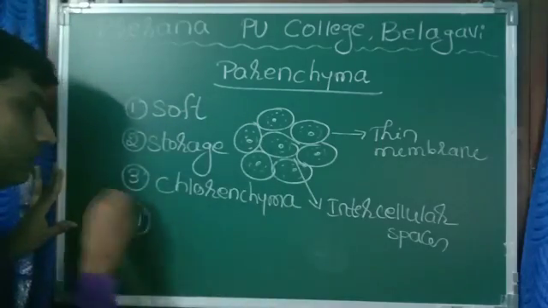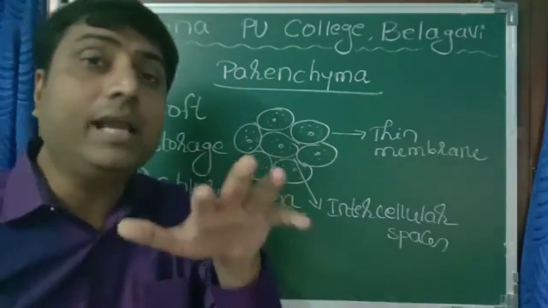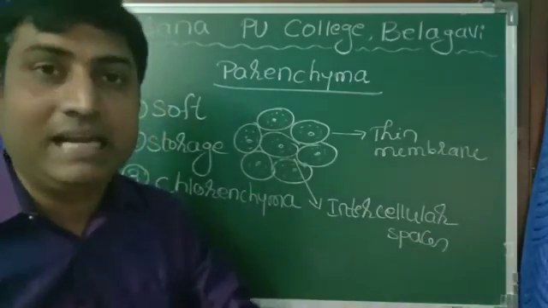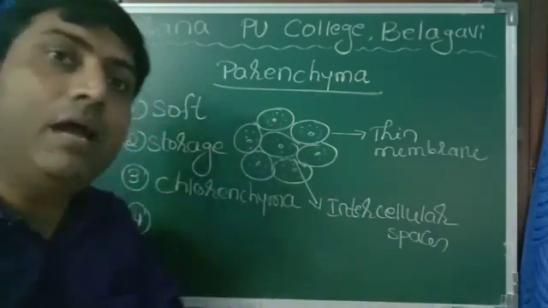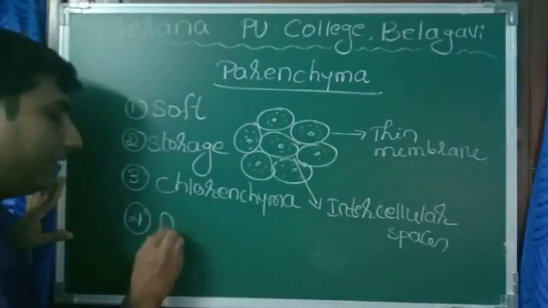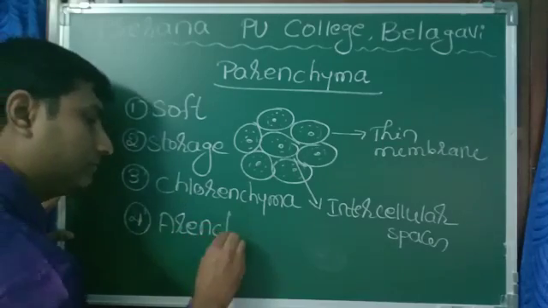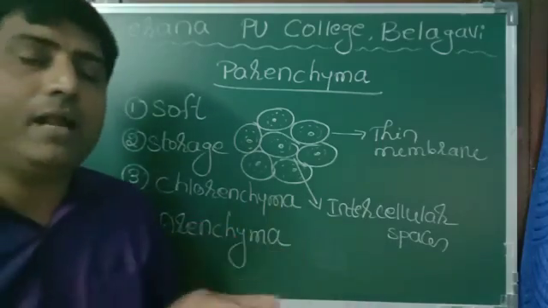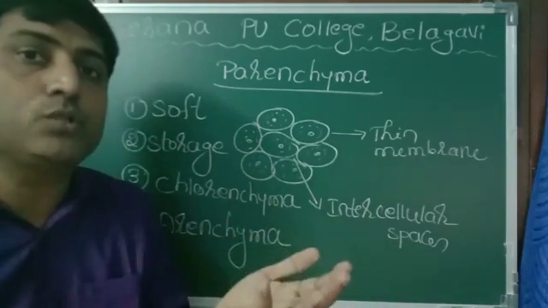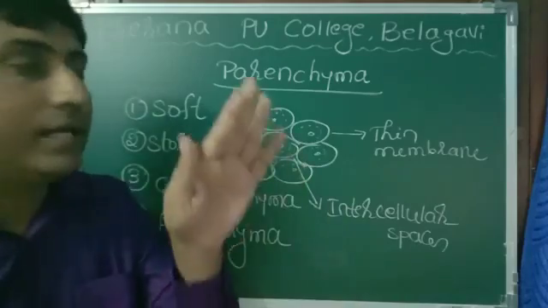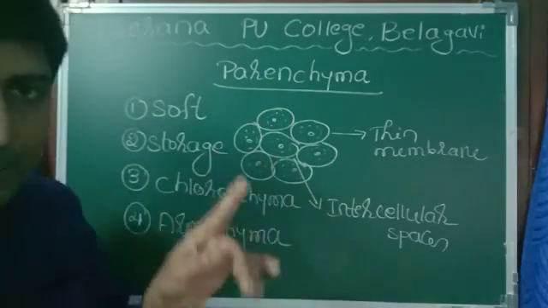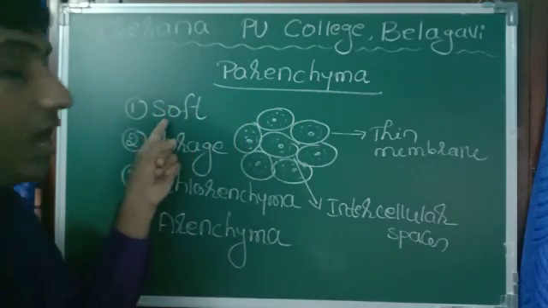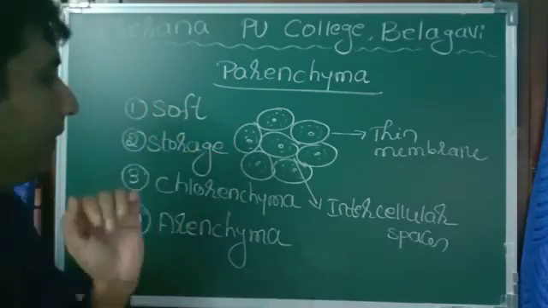Fourth one. Some parenchyma contains air spaces. In most plants living in water, aquatic plants, it contains air spaces, and at that time we call that parenchyma aerenchyma. Same as chlorenchyma, aerenchyma. And what is its function? It provides buoyancy to the plant body that lives in aquatic conditions. So I repeat once again, parenchyma occurs in very soft parts of the plant body.